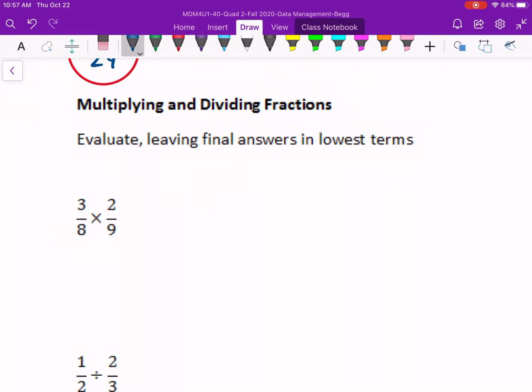Multiplying and dividing fractions, okay, we don't need a common denominator. I'm going to write that in bold and underline it in red and highlight it, because I always find there's some people who try to get common denominators for multiplying or dividing when it's absolutely not necessary, and therefore just make the question way too hard.